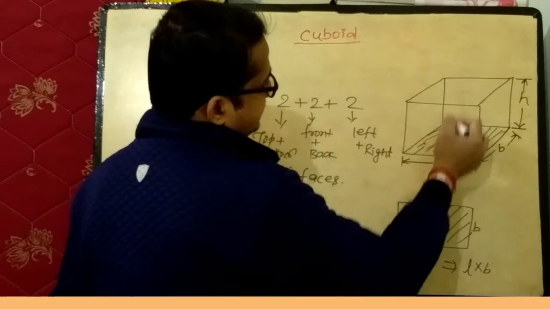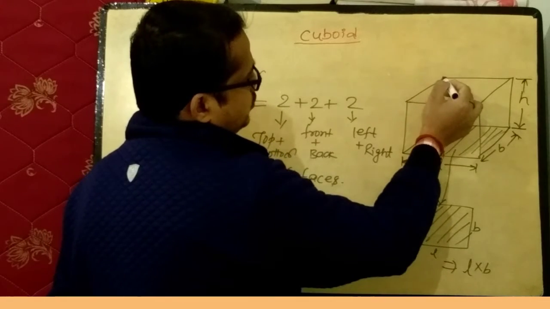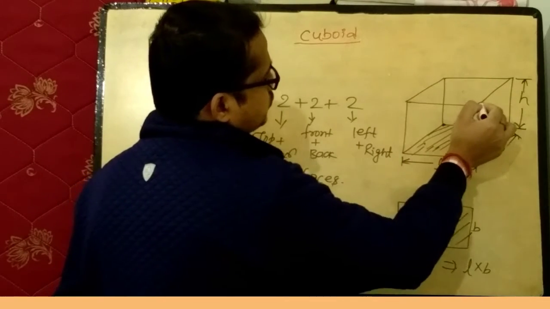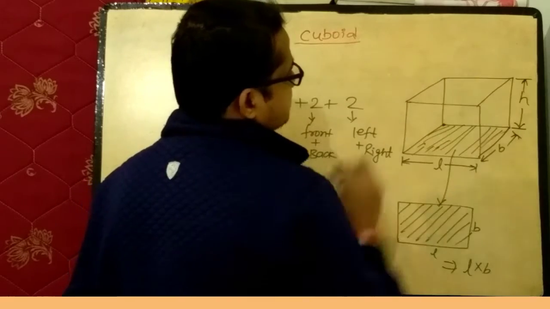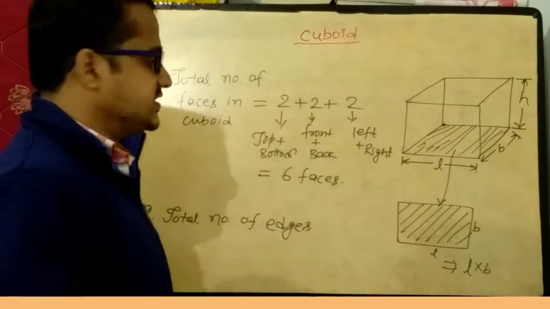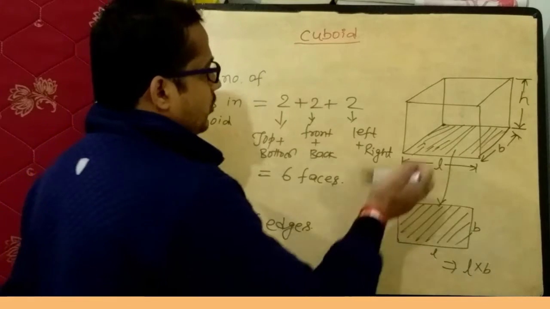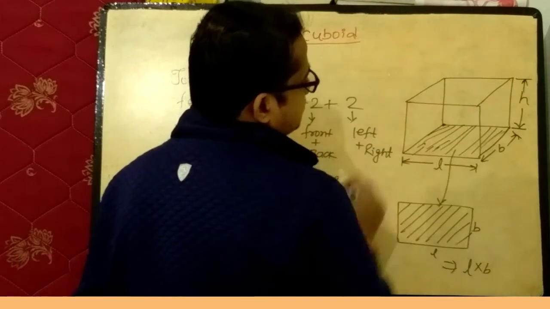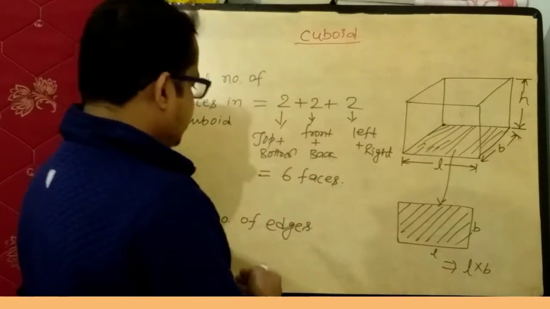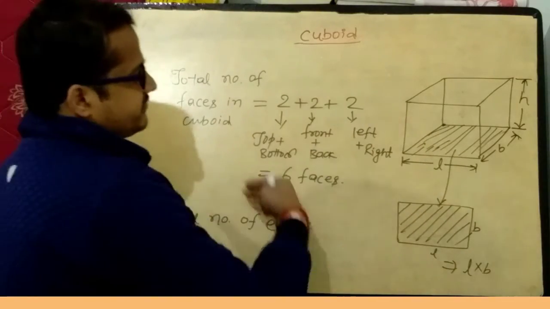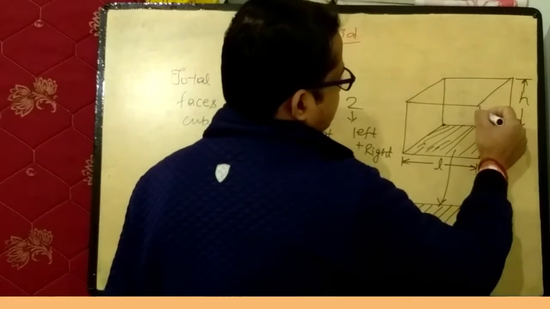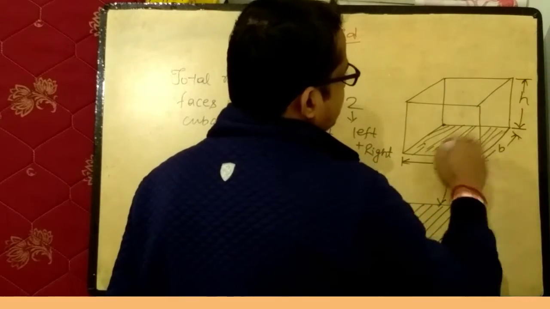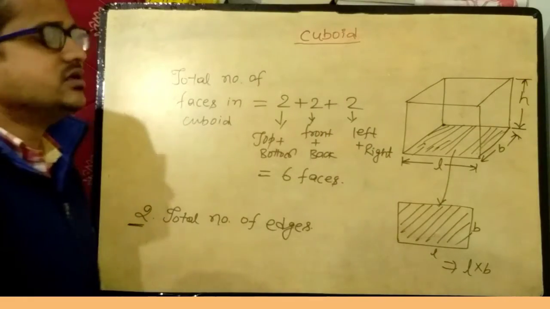Similarly, if we consider top portion, then total 1, 2, 3 and this is 4. 4 number of edges for top. Next, this is 1, this is 2. This is 2 number of edges for left face, and this 1 and this 2 number of edges for right.